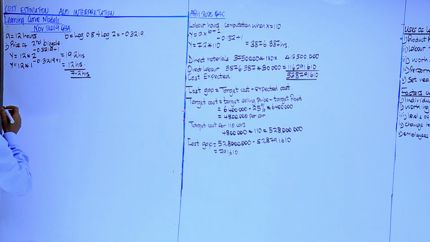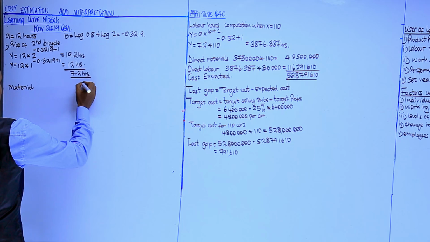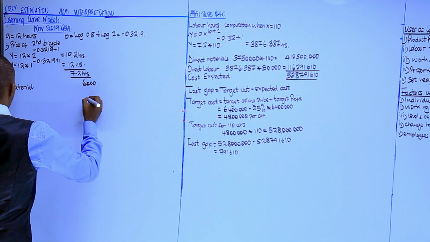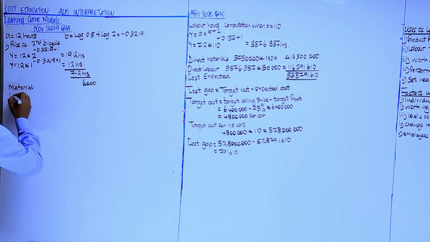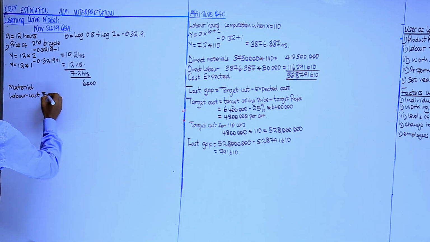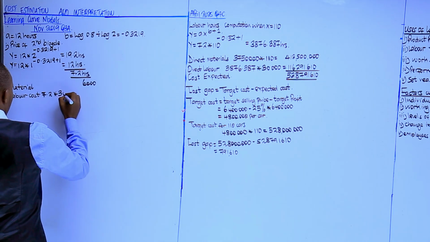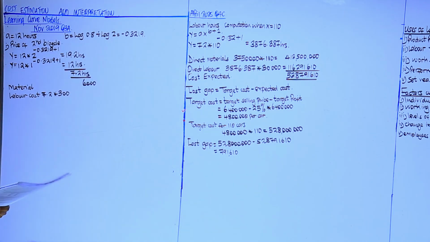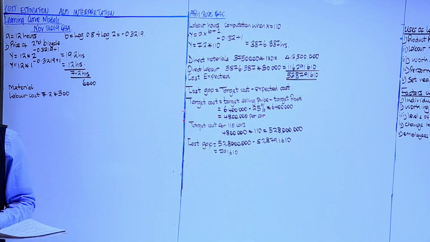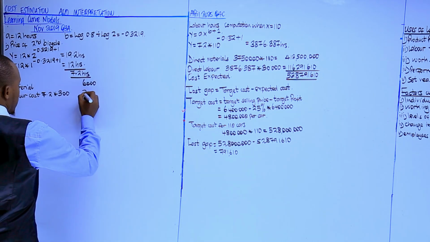So therefore, you want your cost. So you start with the material cost. Your material cost is 6,000 per bicycle. Your labor cost: 7.2 multiplied by 300, which is 2160.